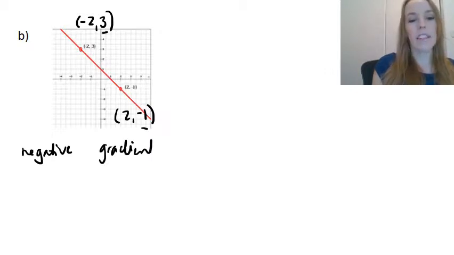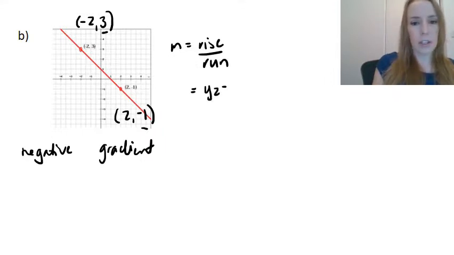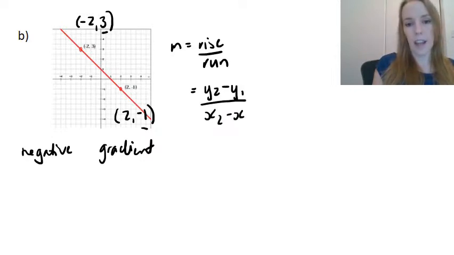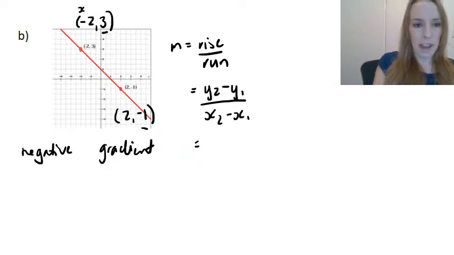Okay, so now we have to calculate the gradient. So gradient equals our rise divided by our run, which is y2 take y1 divided by x2 take x1. So remember working left to right, so this would be x1 and this would be y1 and this is x2 and this is y2.